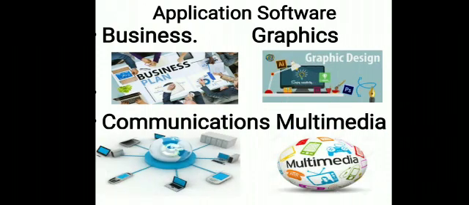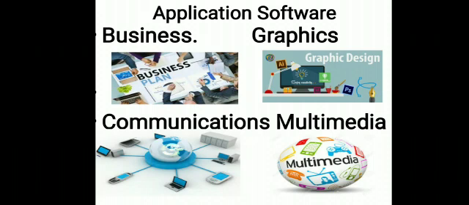The application software has 4 categories. The first one is used for business and graphics, the second one, the third one is for communication, and the fourth one is used for multimedia, that is, we can use it for home, personal and education in multimedia. So these are the 4 types of application software.